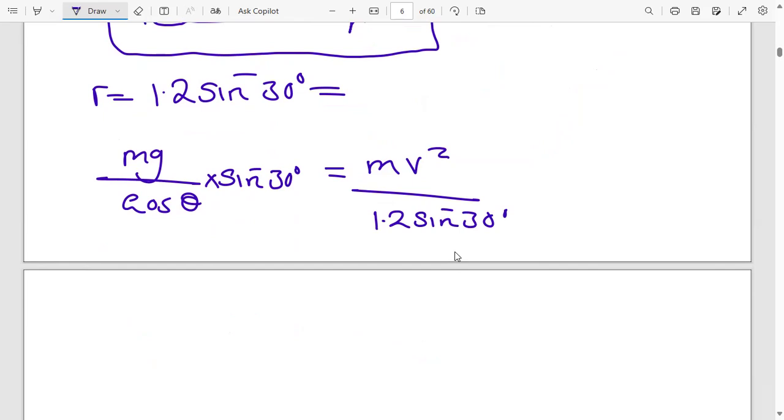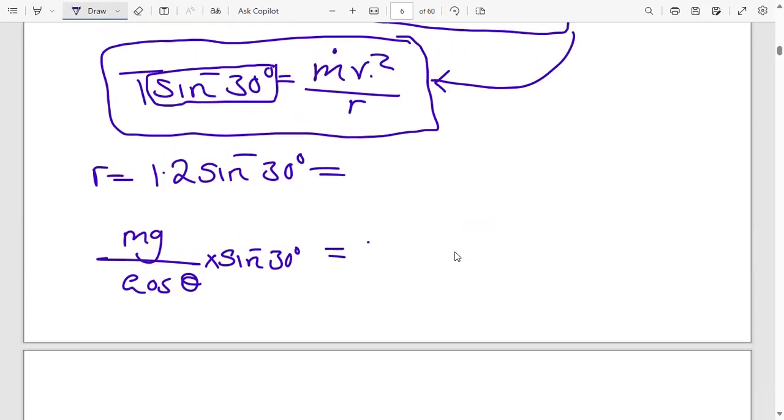Since we want to make V the subject of the formula, this is equal to M over 1.2 sine 30 degrees, and this is multiplying V squared.